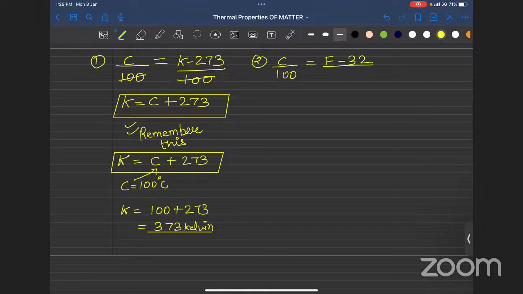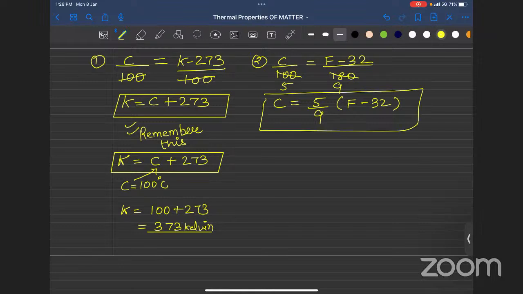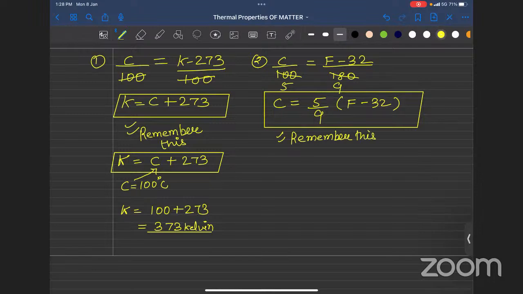Minus 32. We will solve this. Please remember this also.